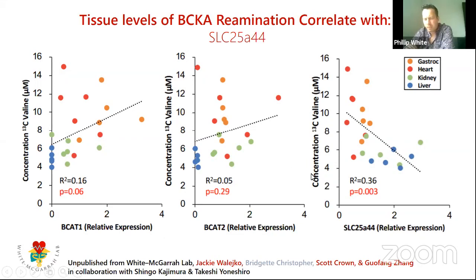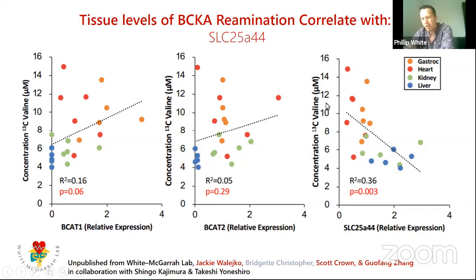However, Shingo Kajimura recently identified within his brown fat studies a novel mitochondrial transporter of the branched-chain amino acids, which allows the branched-chain amino acids to traverse the mitochondrial membrane and go from the cytosol to the mitochondria. And this solute carrier is SLC25A44.